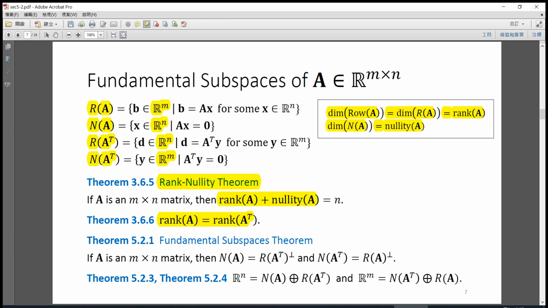And in section 5.2, we will prove the fundamental subspaces theorem, which relates the null space of A with the column space of A transpose, and relates the null space of A transpose with the column space of A. We will also prove Rn is the direct sum of the null space of A and the column space of A transpose, and Rm is the direct sum of the null space of A transpose and the column space of A. Later, we will give detailed proofs of these theorems.